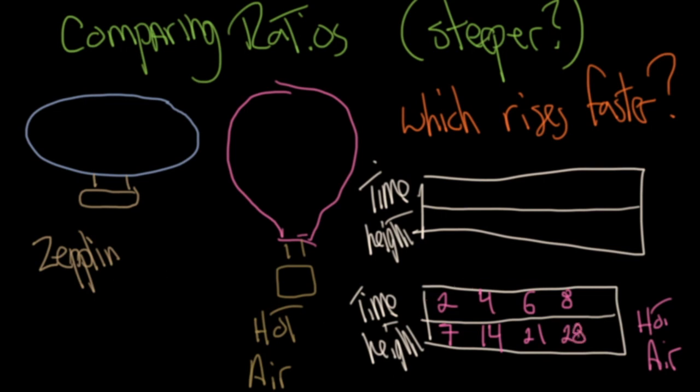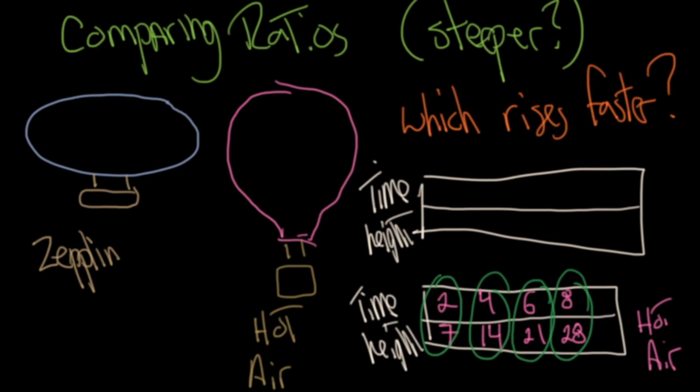So these give you all the different ratios, and these are all equivalent ratios. Imagine they went up at the same rate. And there we go. And you can say, well, which one is rising faster? So we're going to have to do something with those numbers. And let's get the Zeppelin numbers in here.